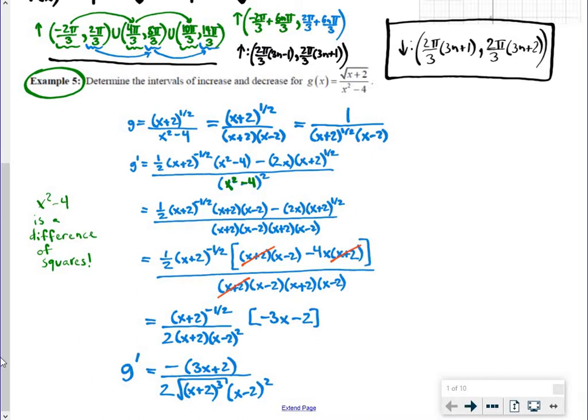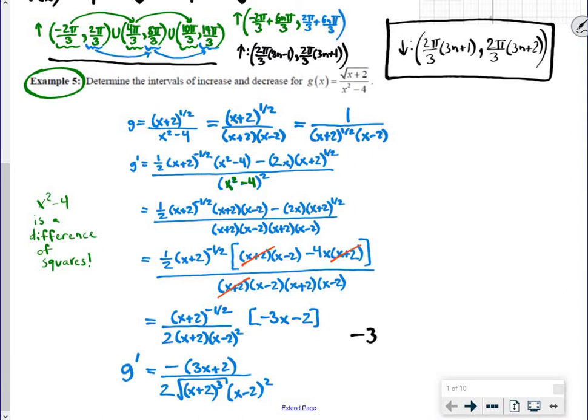There will be some interesting boundaries where G prime doesn't exist. There might be a very large interval where G prime doesn't exist, and some others where it's positive and negative. So set up like we did in the previous questions.